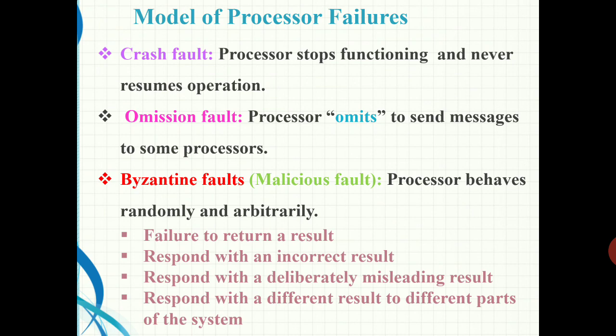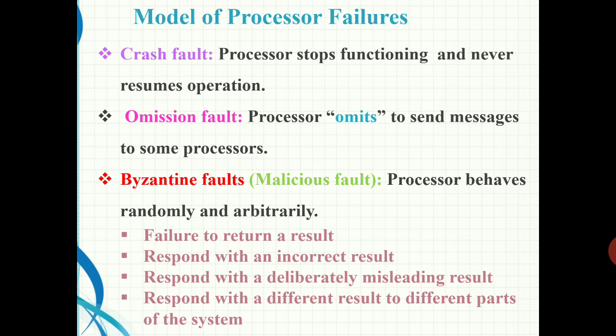We can mainly say that there are two categories of failure that are considered. One is fail stop. Fail stop means a node fails and stops operating. The other is arbitrary node failure.